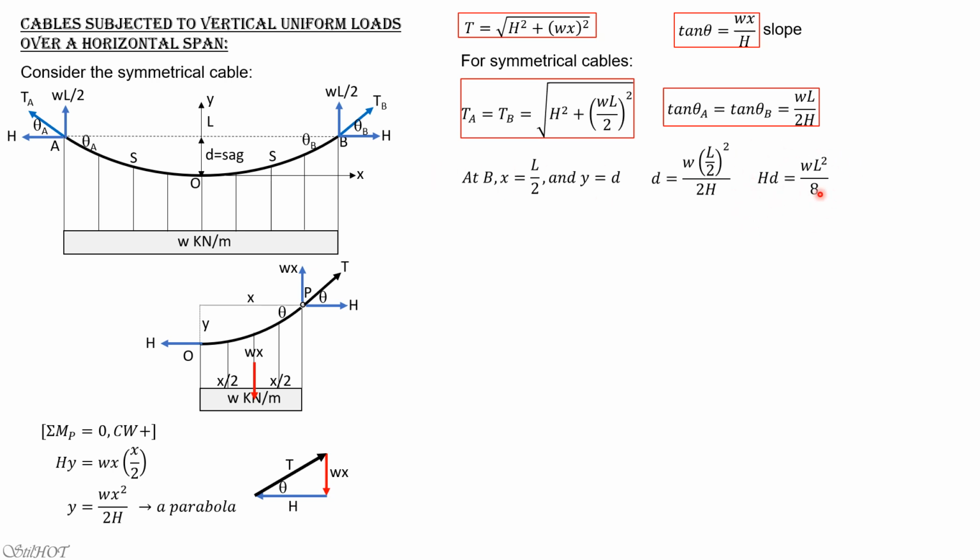The theorem states that the product of the horizontal component of tension and the vertical distance of any point on the cable, in this case point O, from the imaginary chord, which is D, is equal to the moment at the same point, the center of the beam, loaded with the same loading, which is uniform load W.